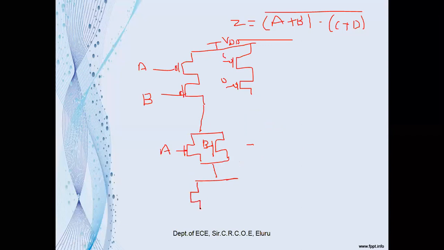Basically, C and D are in parallel, and they are in series with AB. That implements for us the NAND operation. So let's connect these two here and take the output from this point, Z. Did you understand this one? OR and inverter.